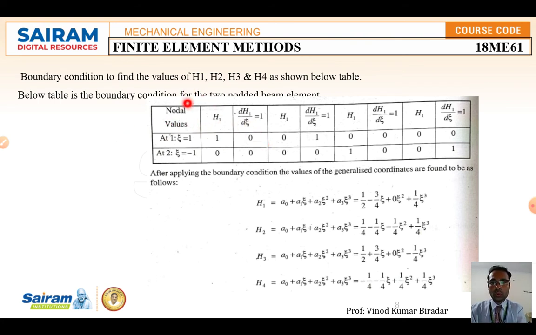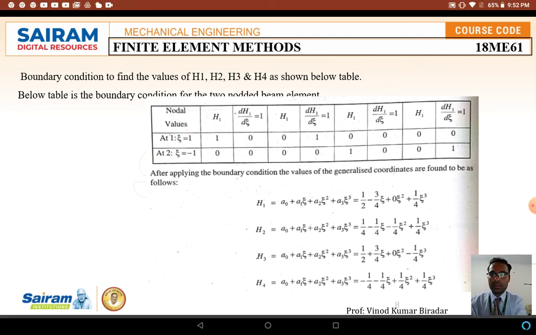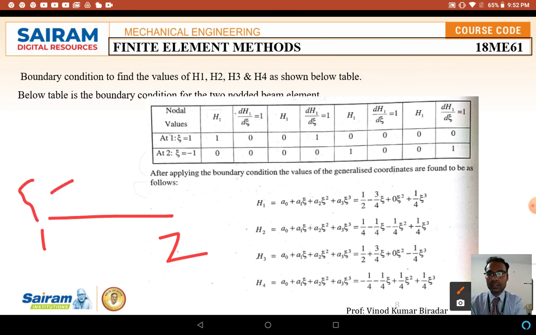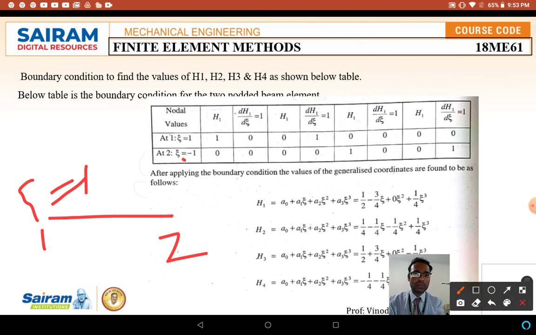Here are the nodal values at node number 1 and at node number 2. Suppose you have one beam element here, with node number 1 and node number 2. At node number 1, zeta is equal to minus 1, and h1 and dh1 by d zeta you have to assume as 1, 0, that you have to remember while solving the problem.